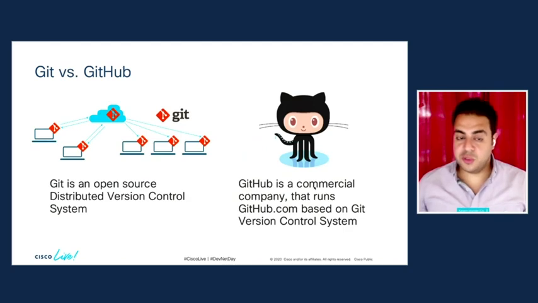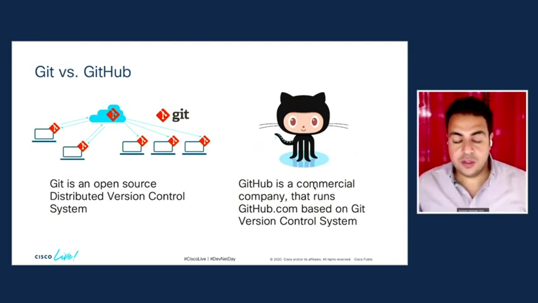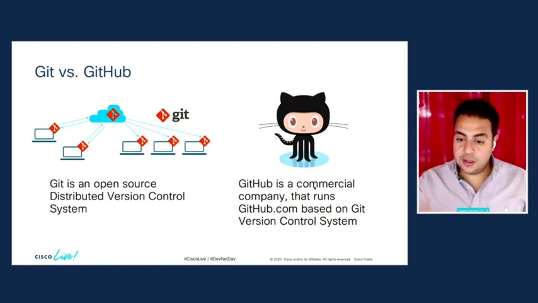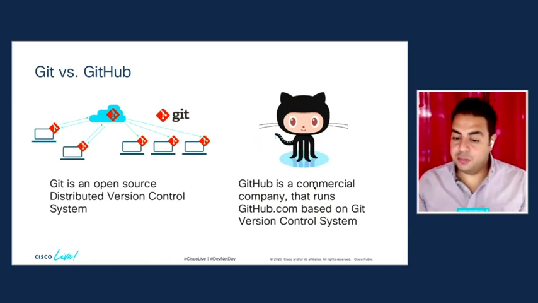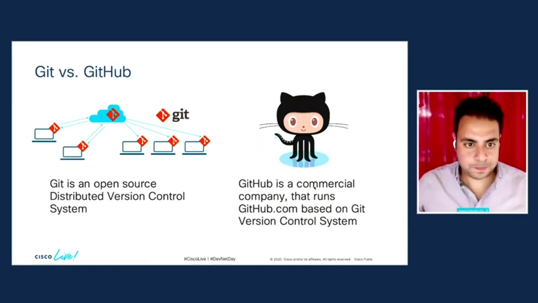From a developer's perspective, there's a lot of emphasis on GitHub because you hear about it a lot, and it was purchased for a lot of money by a big company. So the protocol is Git. The website is GitHub. It uses Git in order to accomplish the task, but it's just a hosting company.